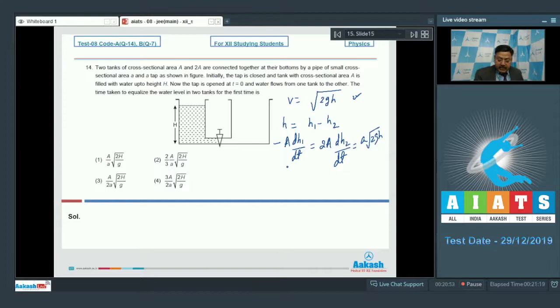Well, so let's solve these two equations first to get a relation between small h1 and small h2. To do that, I simply cancel dt on both sides and integrate. So I get on the left hand side minus h1, and the initial value of h1 was capital H. Let's say final value at some point is h1, and on the right hand side then we will get 2 times h2, and the limits of h2 will be 0.